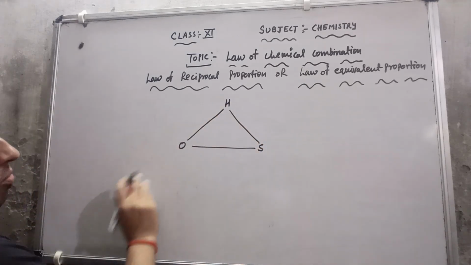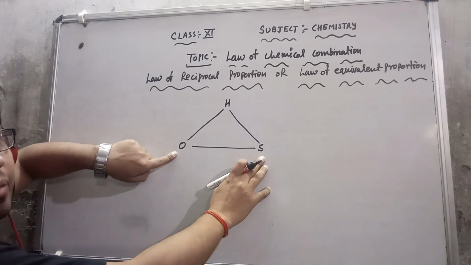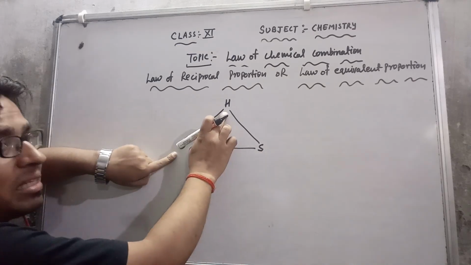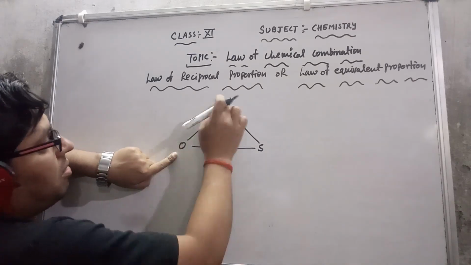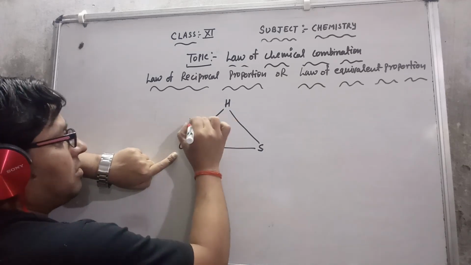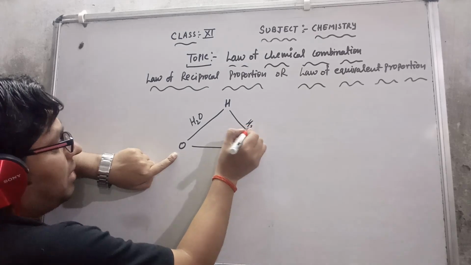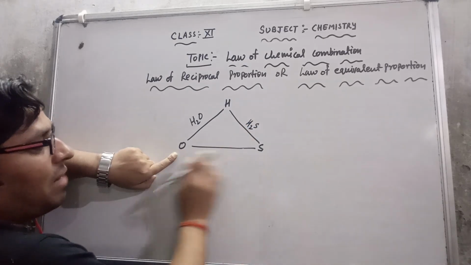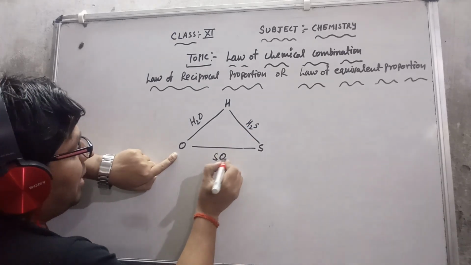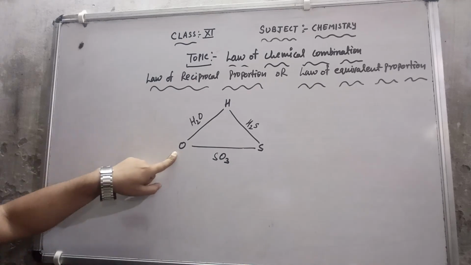When oxygen and sulfur, two different elements, combine separately with the same mass of hydrogen, oxygen with hydrogen gives us H2O, and sulfur with hydrogen gives us H2S. When they combine with each other, they can give us SO3. The SO2 example I have already discussed with you.